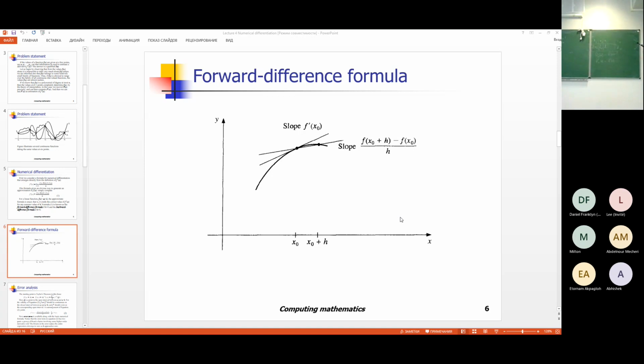1.1 power 3. How to compute 1.1 power 3? It's 1.1 times 1.1 times 1.1. It's not times 3.